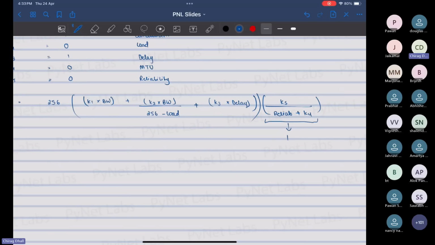So that means we are just left with 256 multiplied by K1 multiplied by bandwidth plus K2 multiplied by bandwidth divided by 256 minus load plus K3 multiplied by delay. And as the last part is 1, we are not going to write that again.